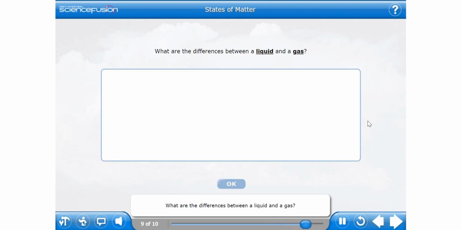What are the differences between a liquid and a gas? Type your answer in the box. When you are finished, click OK.